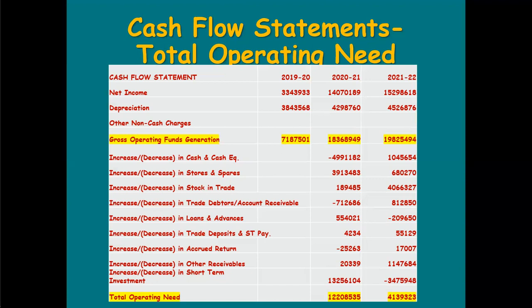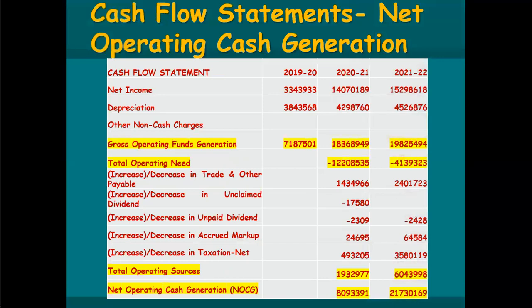So in this case, we can find the positive cash flow generated by the business and having no further need for any short-term requirement. Thereafter, we can observe the gross funds generated here are equal to total trade and other.